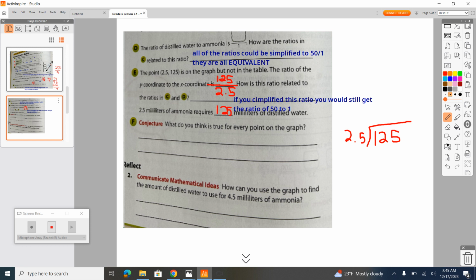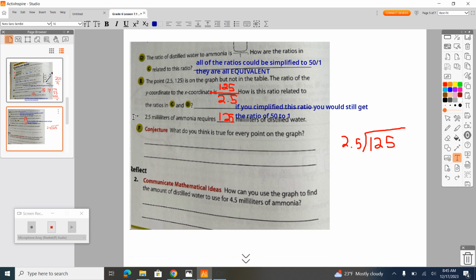I want you to get for every point on the graph, if you set it up as a ratio with y over x, you would be able to simplify it to 50 over 1. And they are all equivalent ratios.